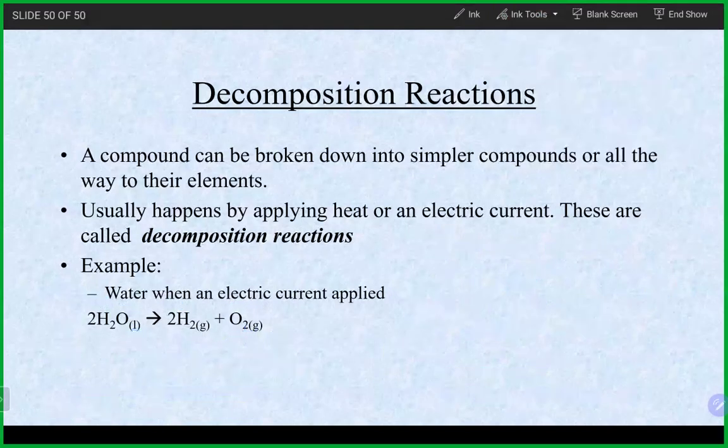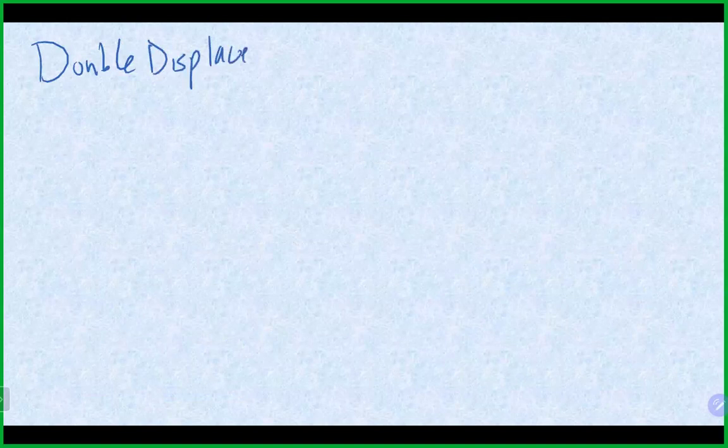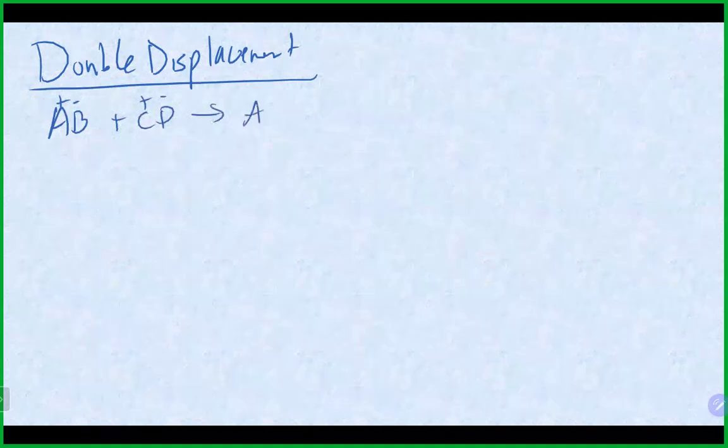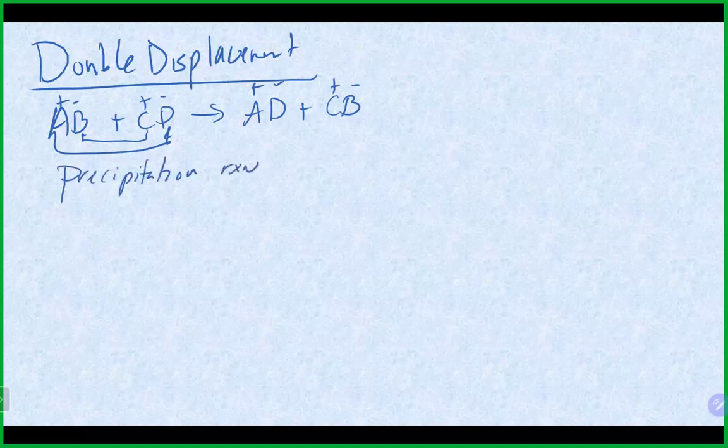So to finish up here, we have two big categories. Once again, this big category falls under double displacement: precipitation reactions, a more specific classification, and acid-base neutralization reactions.